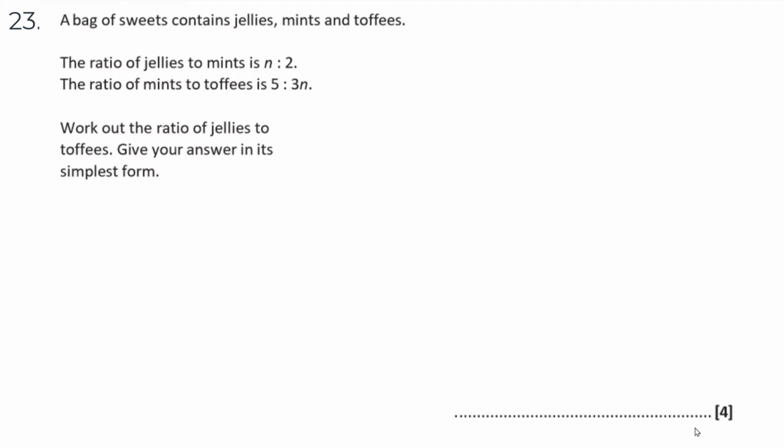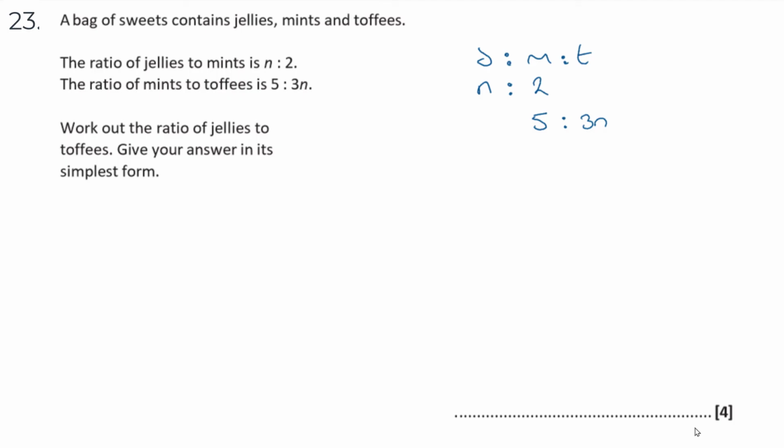So we've got two ratios here. They're partially algebraic. I think the first step is to bring the two things together and form them into one ratio. We've got jellies and mints and toffees. We know that the ratio of jellies to mints is n to 2, and the ratio of mints to toffees is 5 to 3n.